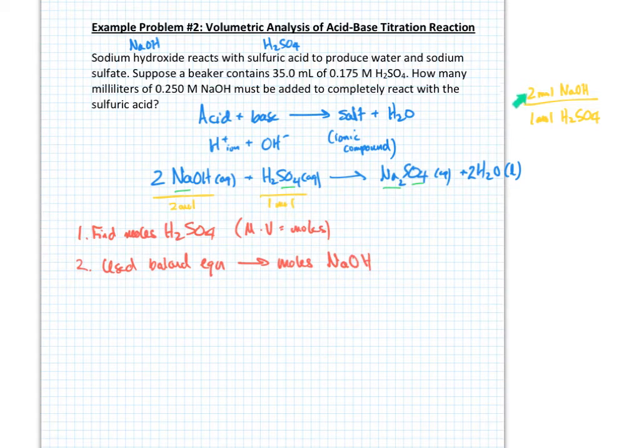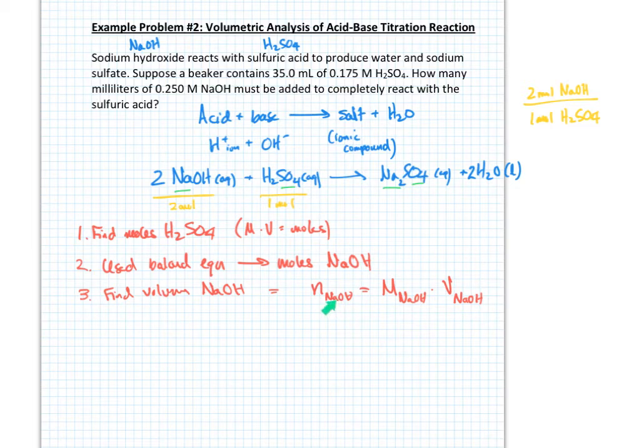That's this relationship here, 2 moles NaOH for every 1 mole of H2SO4. Then, once I know the number of moles of sodium hydroxide, I can find the volume of NaOH, because the number of moles of NaOH is equal to the molarity of NaOH times the volume of NaOH.